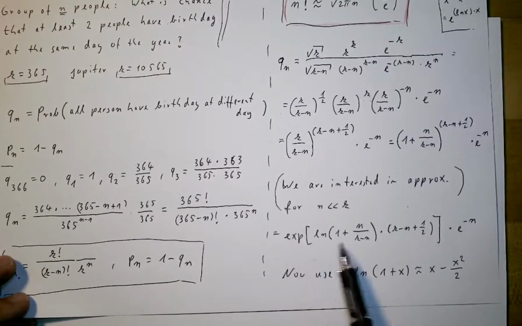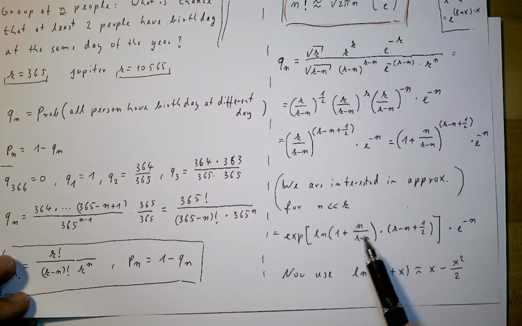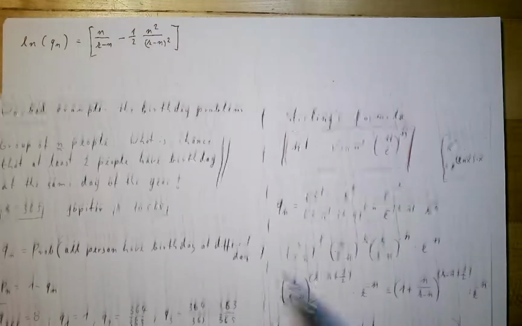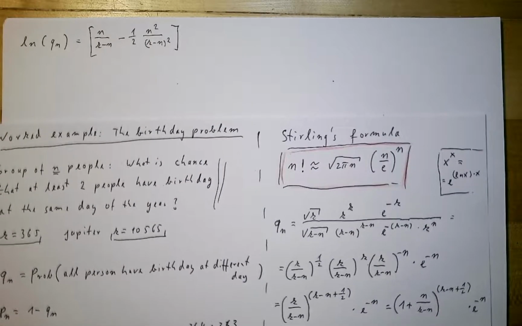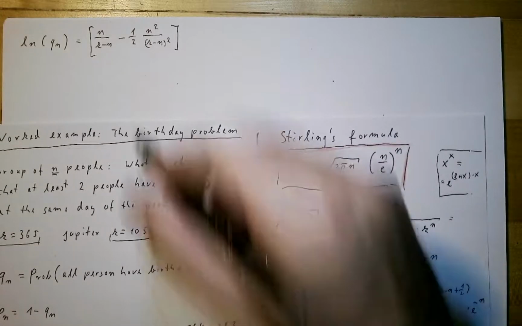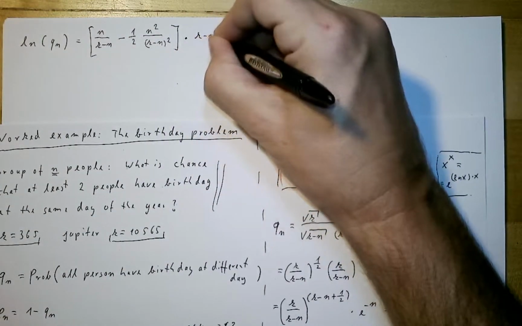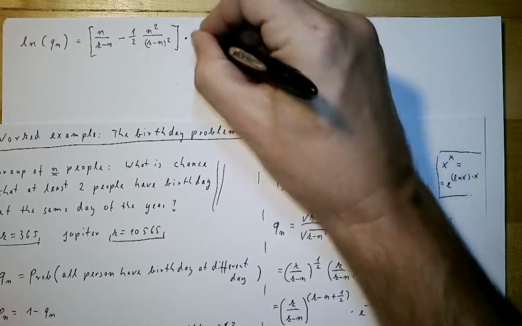So for this log we have here this 1 plus x. So this term, we have this term minus this term squared over 2. And this is this here. And now we need still to multiply times k minus n plus 1 over 2.